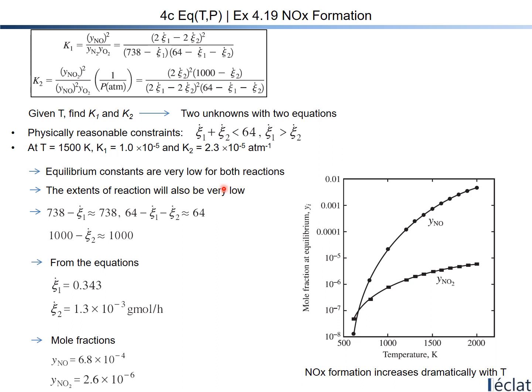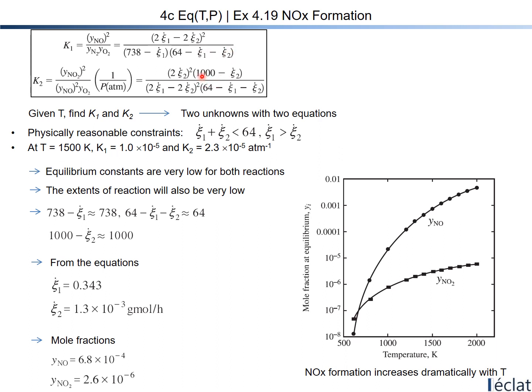For simplifying these complicated equations, 738 minus Xi1 becomes just 738, because the Xi1 value is very small compared with 738. Likewise 64 minus Xi1 minus Xi2 becomes just 64, since Xi1 and Xi2 are very small.